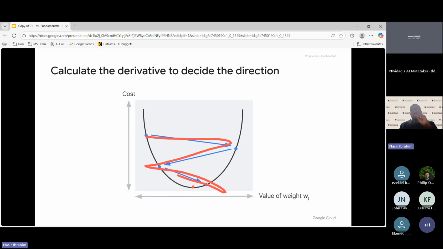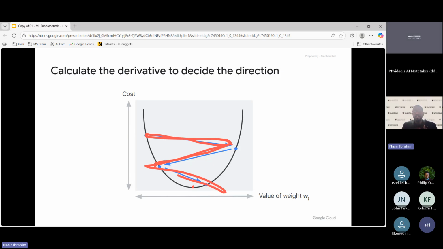So this is the direction, the first thing that you need to determine. The second thing is not only the direction, am I going right or am I going left, but how many steps should I take, or how much distance should I cover, or how far should I travel?